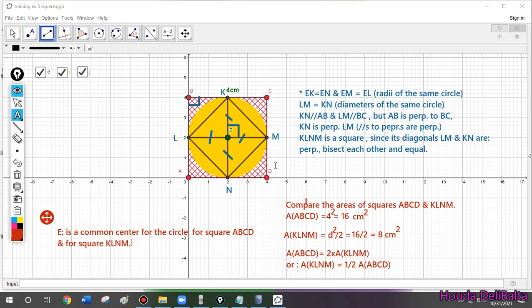So that point E is a center for the yellow circle. It's for the big square ABCD and for the small square KLNM as well. For the squares, it's the center of symmetry. For the circle, it is the center.